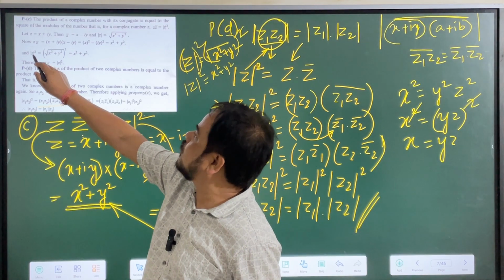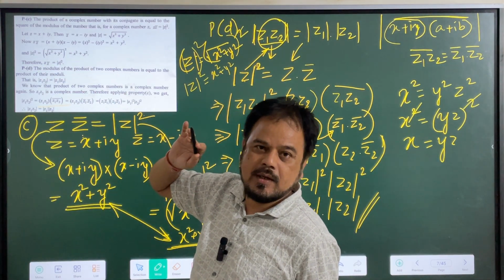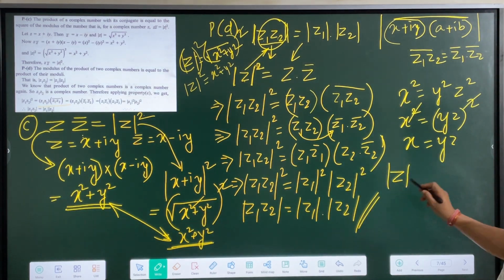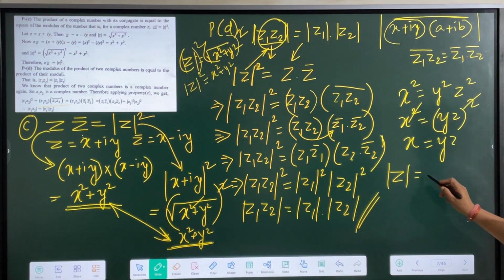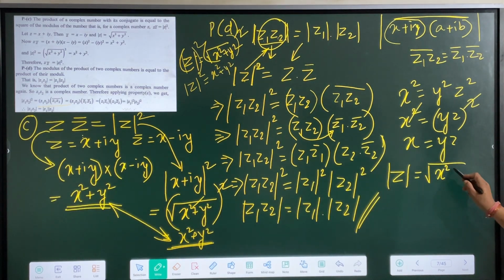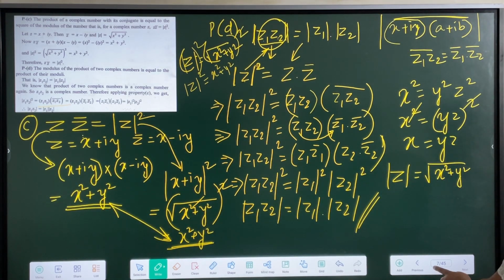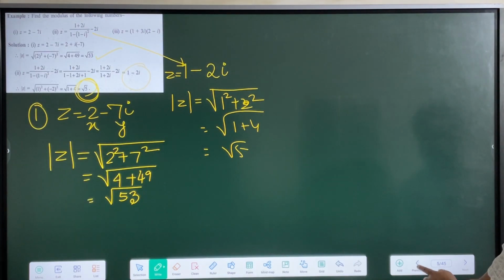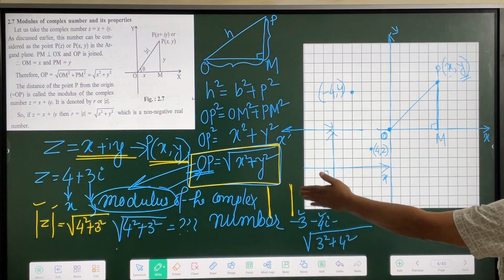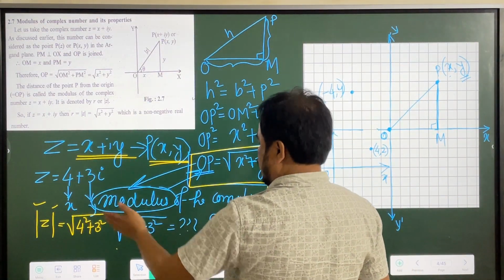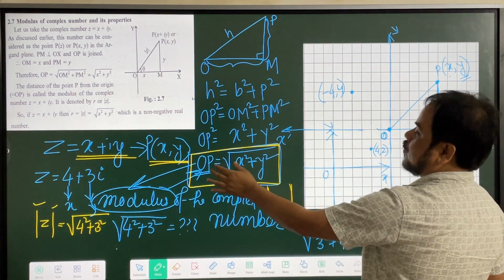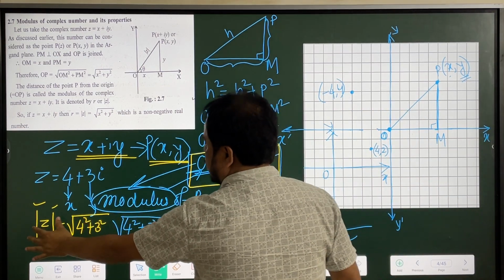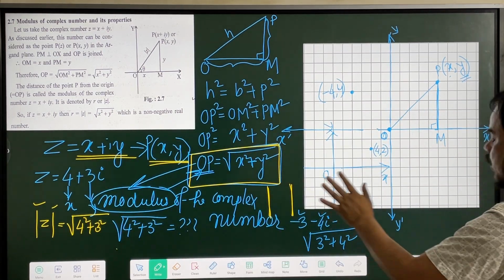Modulus means square root of x square plus y square. This one we already got in the first formula.